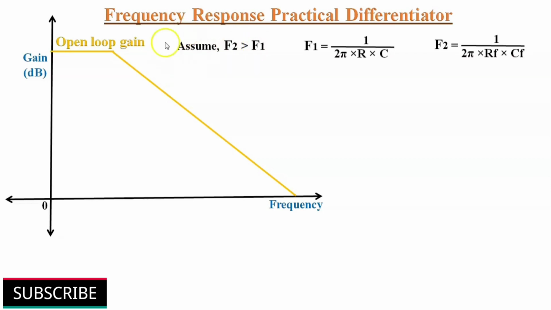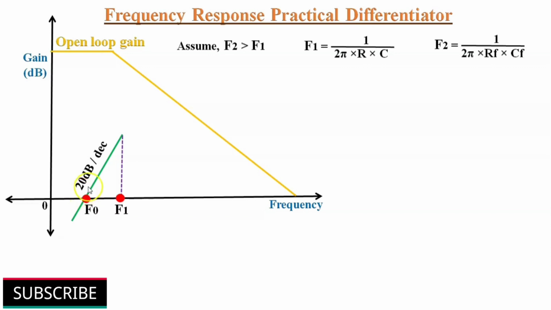Now let us observe the frequency response of the practical differentiator. If the input signal frequency increases, the gain of the differentiator circuit will also increase at the rate of 20 dB per decade up to the first cutoff frequency F1. And if we further increase the input frequency, because of the low pass filter action, the gain will start to reduce at minus 20 dB per decade.